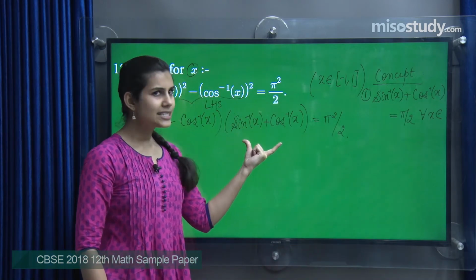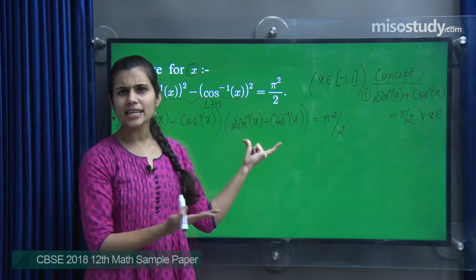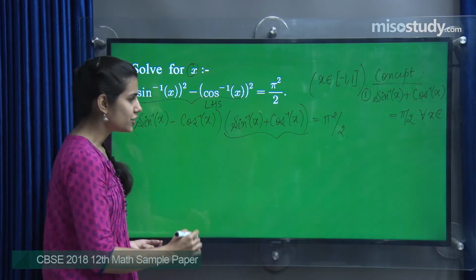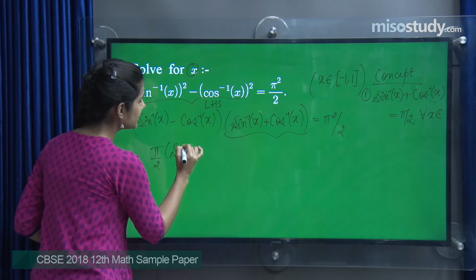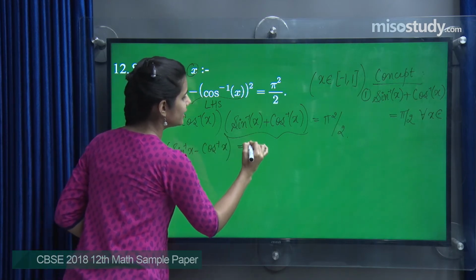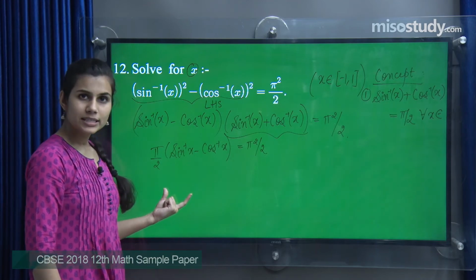Over here, I can see something like that. Why not just write pi by 2 in place of this and get a simplified expression? So this thing is replaced by pi by 2. What you get is pi by 2 times (sine inverse x minus cos inverse x) equals pi square by 2. This is how it's simplified.